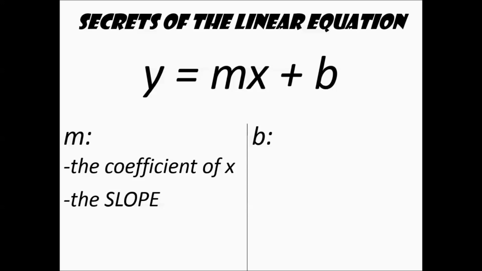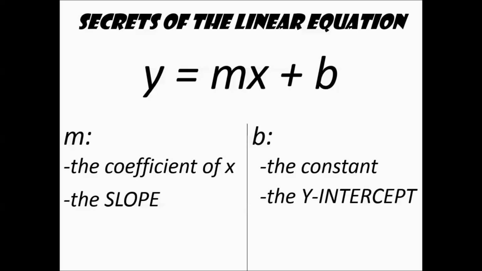The m always represents the slope of the line, the steepness of the line. The b is going to be the other number that's by itself. That's the constant. Right now it's a variable, but normally there's going to be a number in there, and that's going to be the constant. That's going to tell you where it hits the y-axis, the y-intercept.